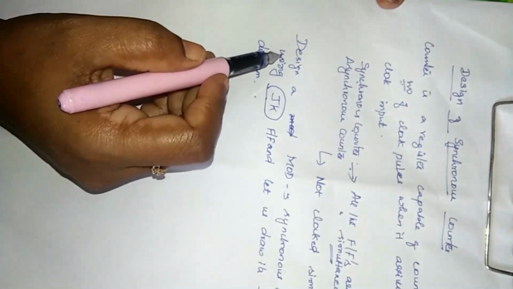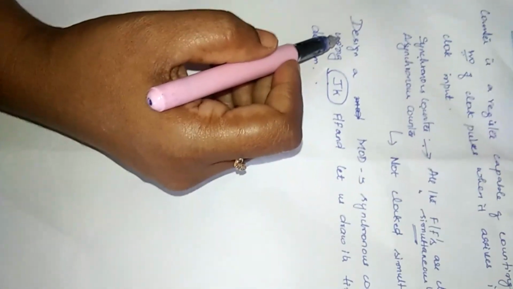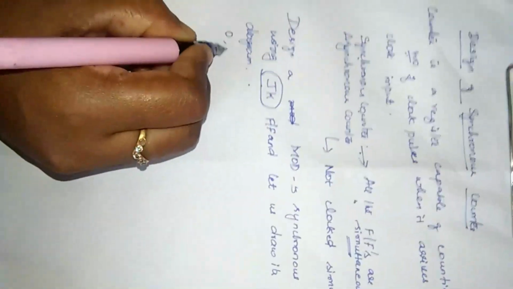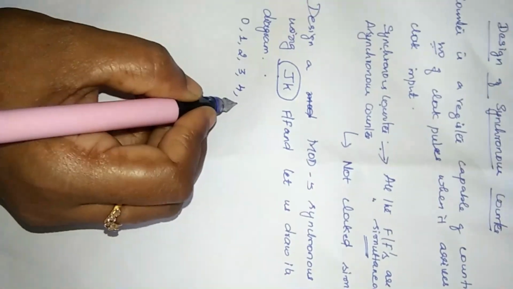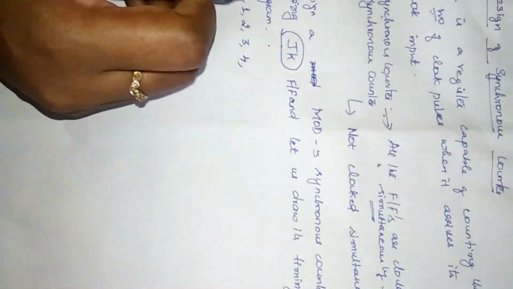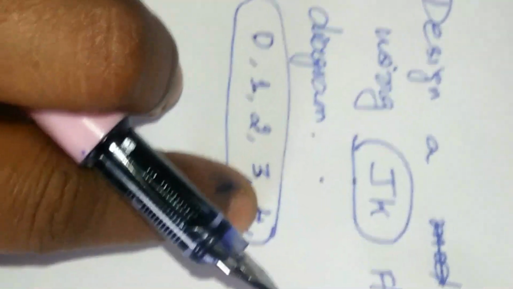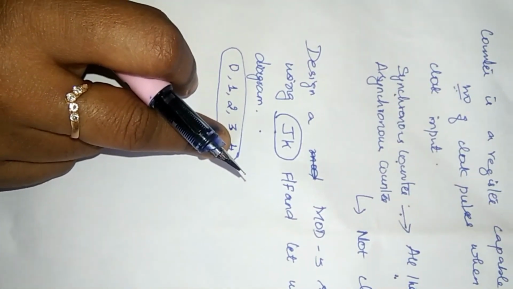Now we have to determine the count a mod 5 counter can count. When I say mod 5 counter, the counting process goes 0, 1, 2, 3, 4, and this completes our 5 states.